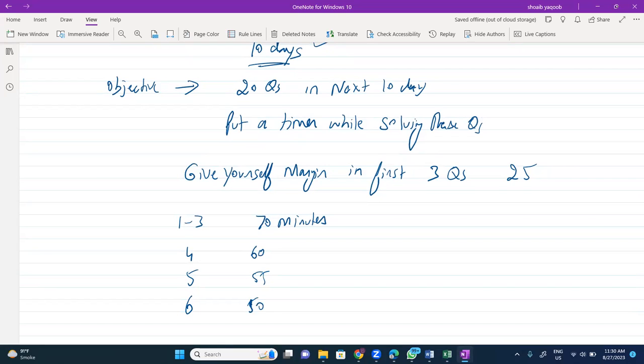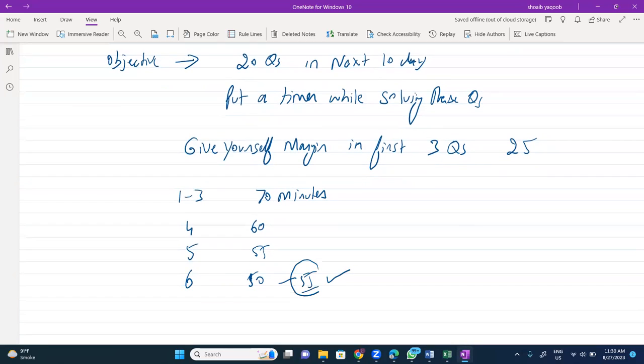If you're solving a 45 marks question in 50 minutes during practice, that is okay. Even 55 minutes is okay, because whatever question you solve now in 55 minutes, in the exam you will be able to do in 45 minutes. In preparation time, we have too many distractions. That's why it is okay. So that's the best time.